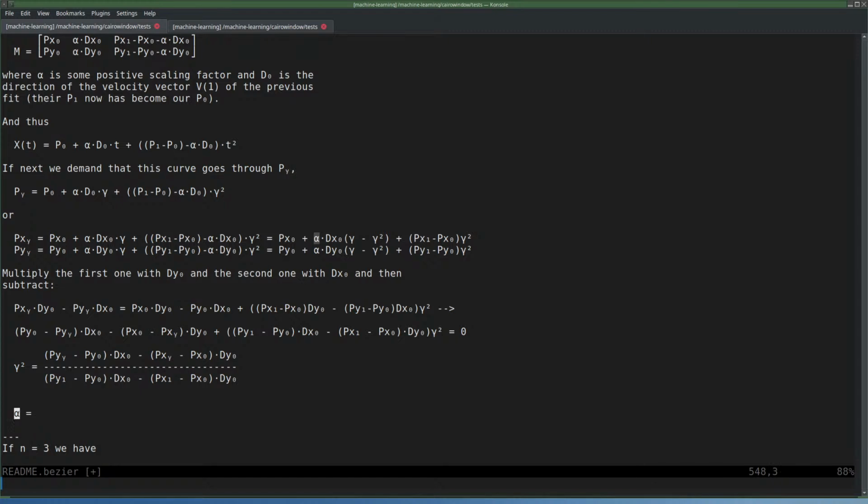Let's calculate instead alpha times dx, because the x0 might be 0.